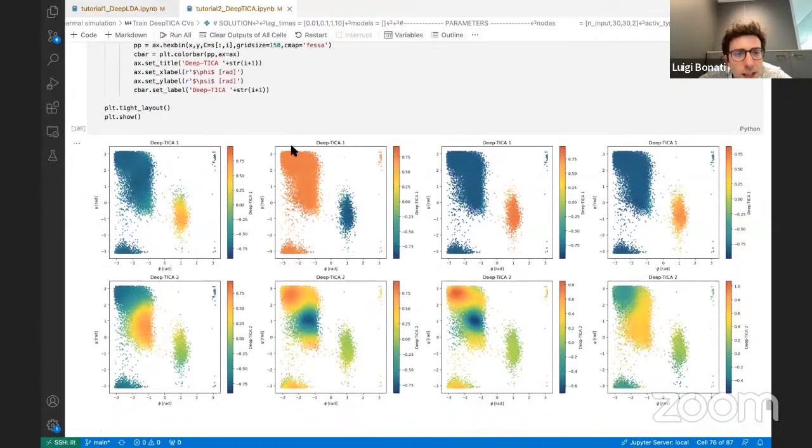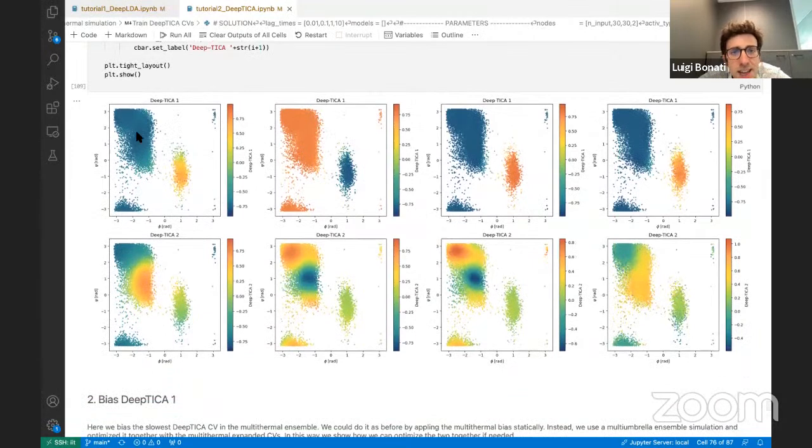Here I plot the results of the training for the different values of the lag time: 0.01, 0.1, 1, and 10. We see that the first CV is always very similar, the slowest CV, TICA 1, in the range of values in which we don't have degeneracy, nor the second eigenvalue going to 0.